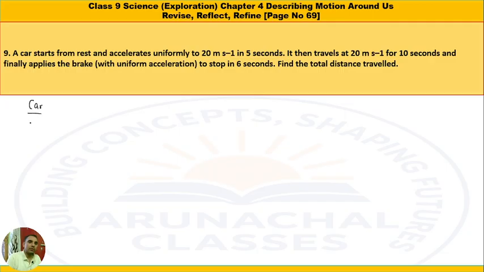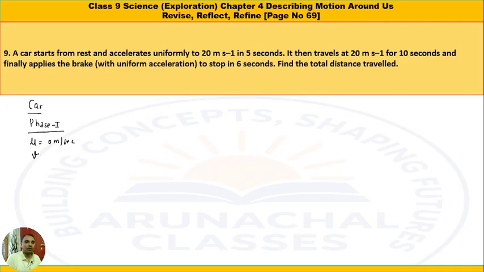It starts from rest. So we are talking about phase 1, because the motion of the car is given in different phases. In phase 1 it's initially at rest, so 0 meter per second, and it accelerates to a velocity of 20 meter per second.